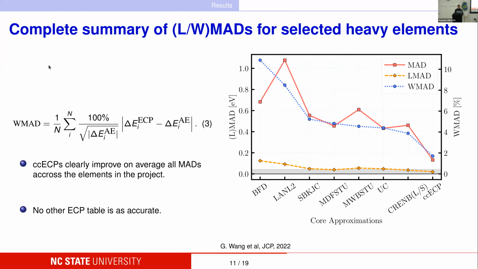So it adds greater weight to the earlier low-lying states. So it kind of has this effect of smoothing out the MADs in general. And as you can see, in the case of all the ones tested for this particular paper, the CCECP pretty much outperforms all of them on all metrics, in some cases by a pretty substantial margin.